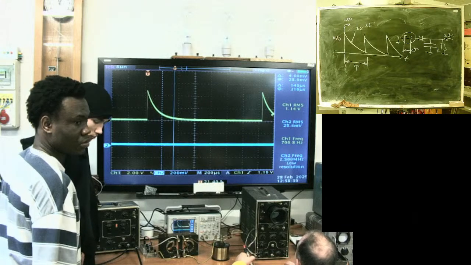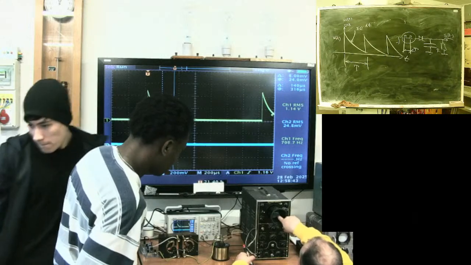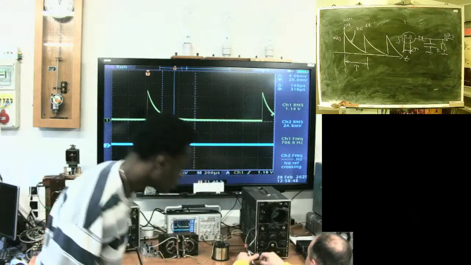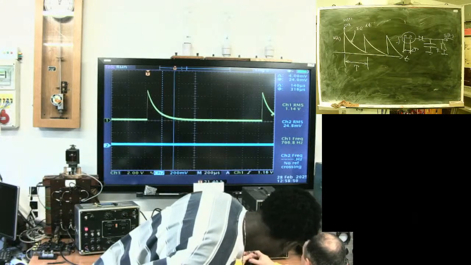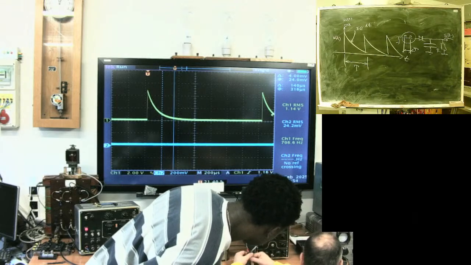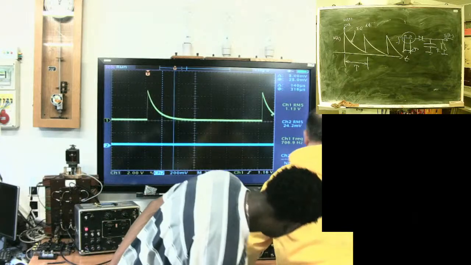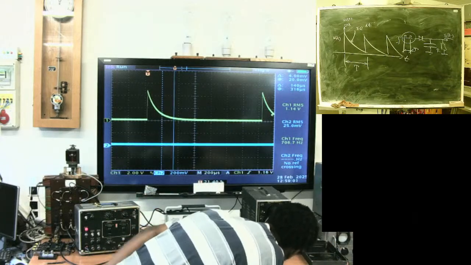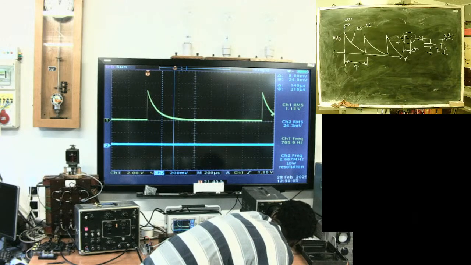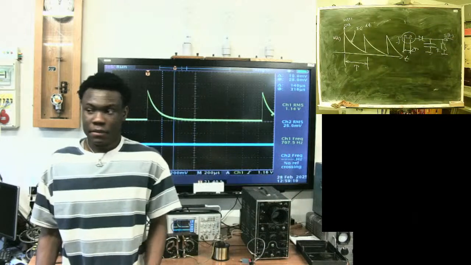No, this scope is not up to the task of showing them. You see, they're like nails. Maybe here they are like thin nails. Maybe this one will be better.